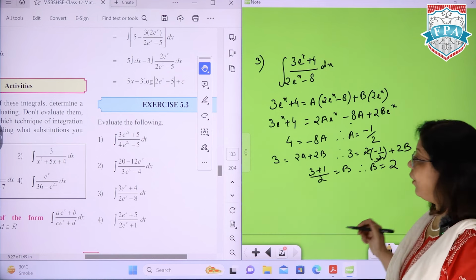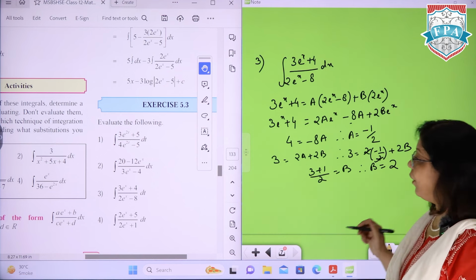So the question is now simplified in this manner. Now we can write the question as I is equal to I in the starting also. Instead of numerator, we'll use this whole terminology. So in place of a we are putting minus 1 by 2, 2e to the power x minus 8 upon 2e to the power x minus 8, plus, instead of b it is 2e to the power x upon 2e to the power x minus 8 dx.